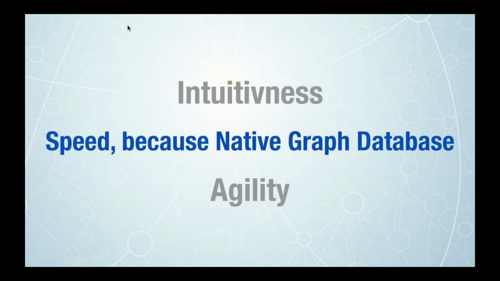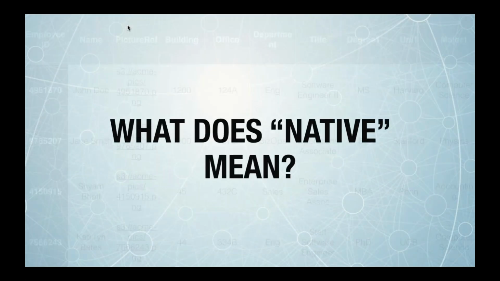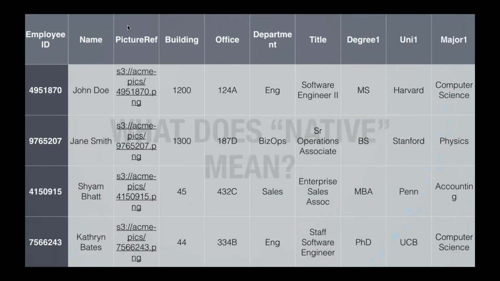Now, speed. I talked about speed. Now let me talk about why that speed is and what a native graph database is. So what does native mean? Well, when we store data in a SQL database, we store data in something that looks like this, in tables.